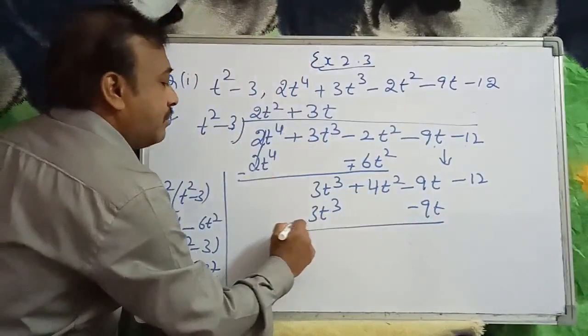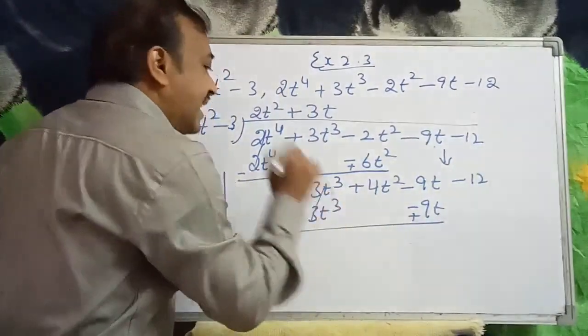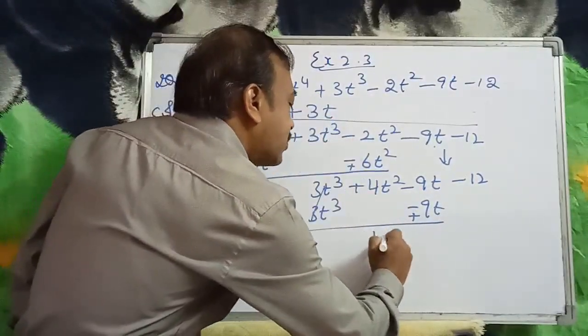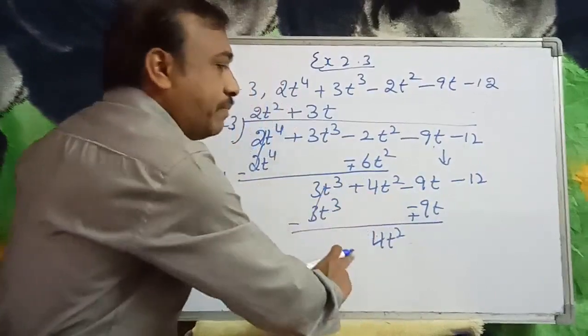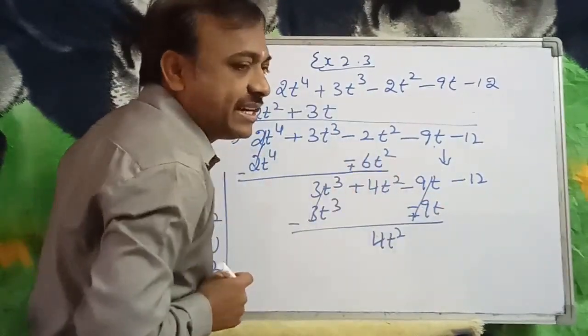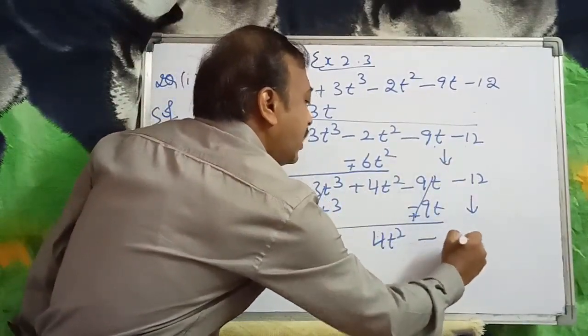Then subtraction, minus, this will become plus. Now these two get cancelled. Here nothing is there, so it indicates 0. 4t square, that sign is also plus, and these two get cancelled. One is plus 9, another is minus 9, and this is minus 12.